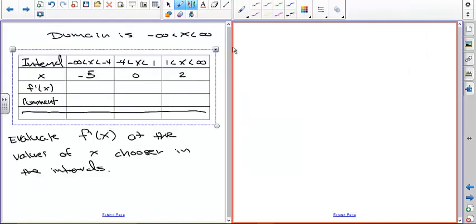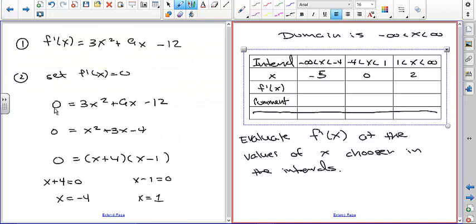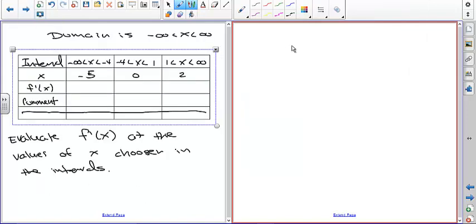So let me add a page here. So first we need to do, what is f prime of x? It's 3x squared plus 9x minus 12. So let's just write down what f prime of x is. 3x squared plus 9x minus 12. So we're going to evaluate f prime at -5.